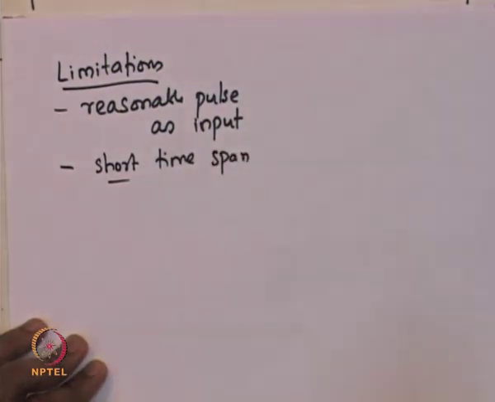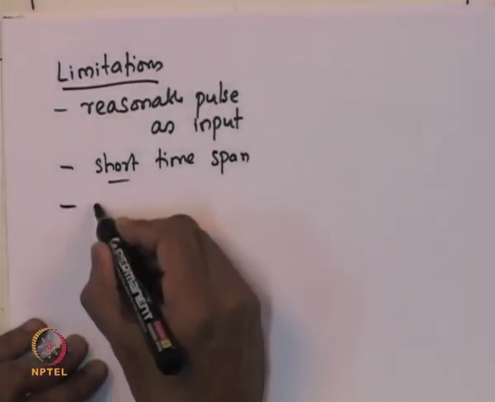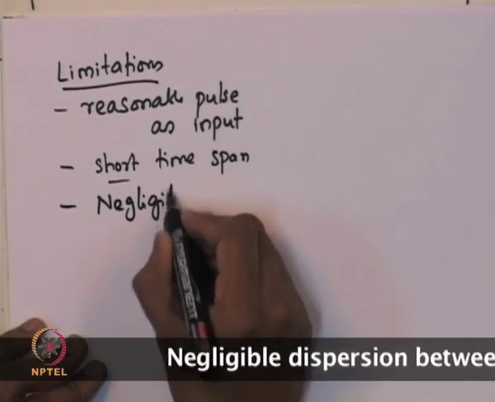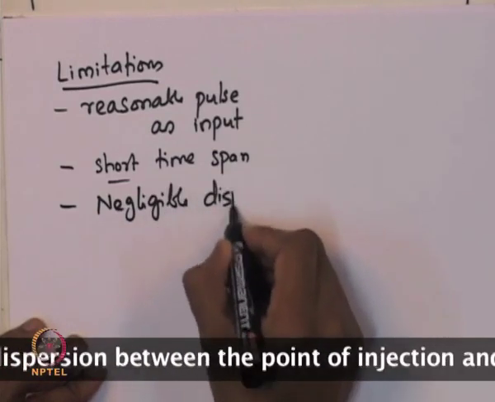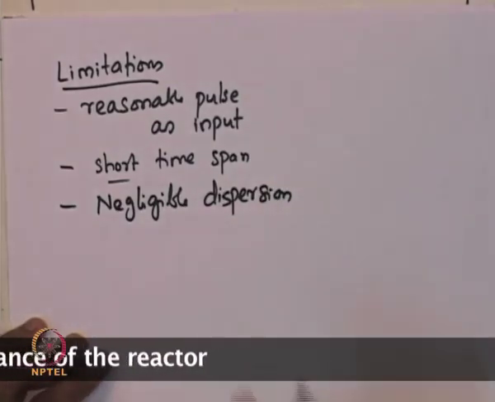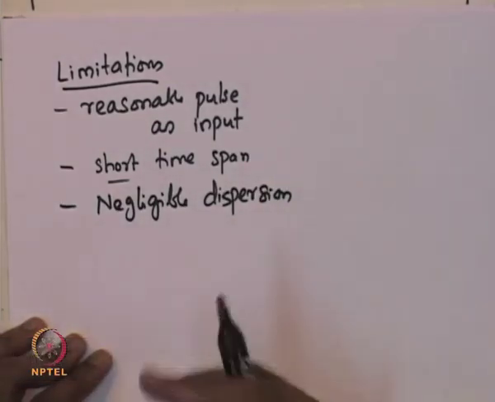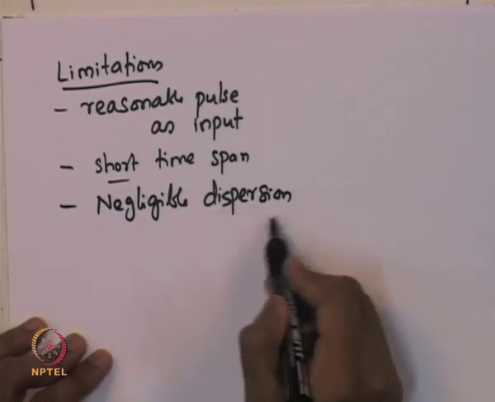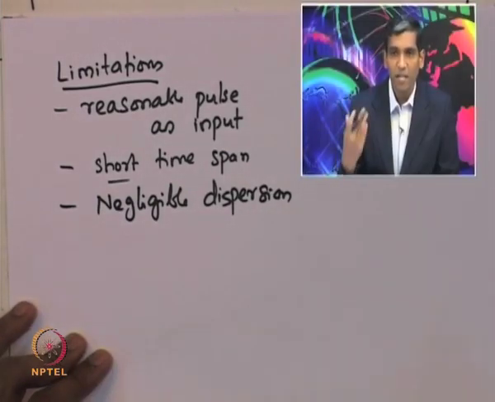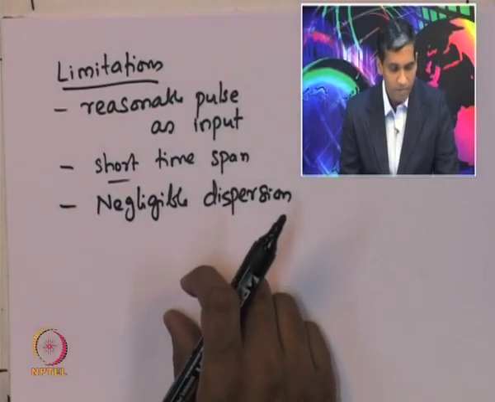More importantly, the reactor must have negligible dispersion between the point of injection and the entrance of the reactor, over which very limited control can be established. One cannot control the extent of dispersion. So, if the reactor has reasonable dispersion, then this pulse input method simply does not provide a clean way to find the residence time distribution.